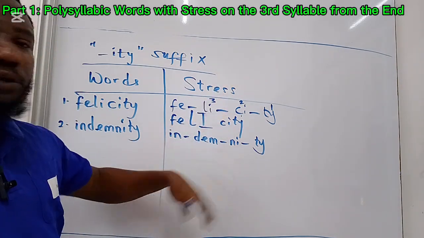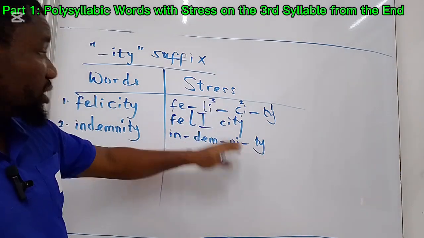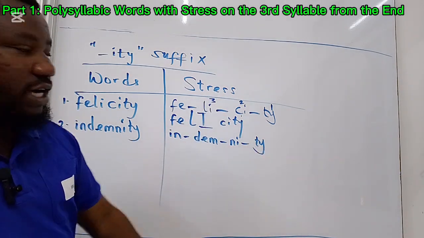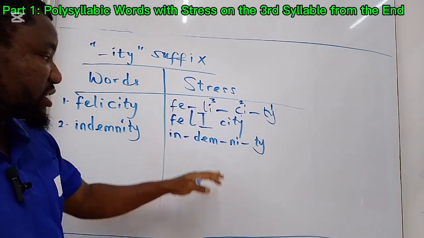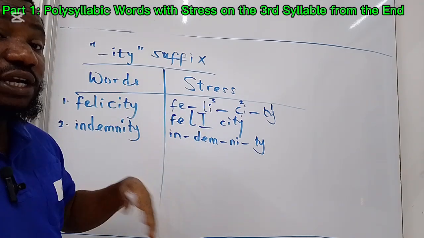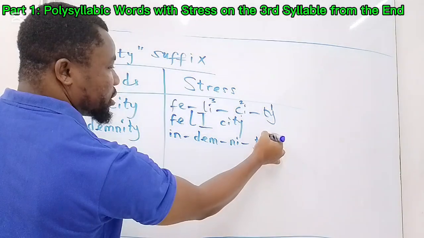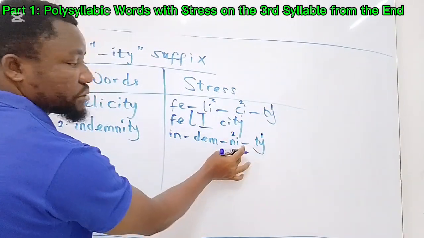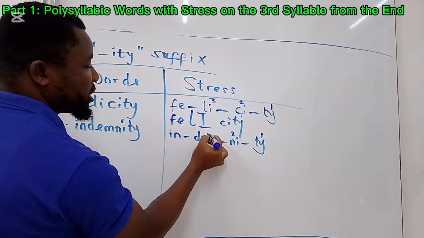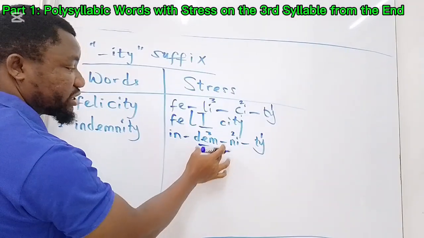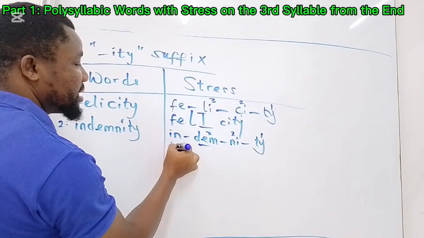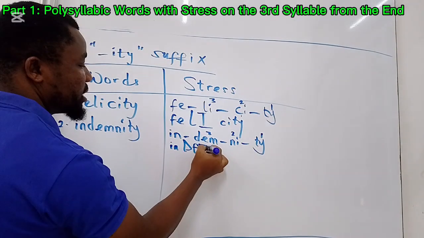Remember, whenever you have polysyllabic words with this suffix ending ity, make sure that you recognize the third syllable from the end of the word and stress it. So this is the last syllable in the word, 1. This is number 2, the penultimate syllable, and then we have the third syllable. So this is what is going to take the stress. So we have indemnity.